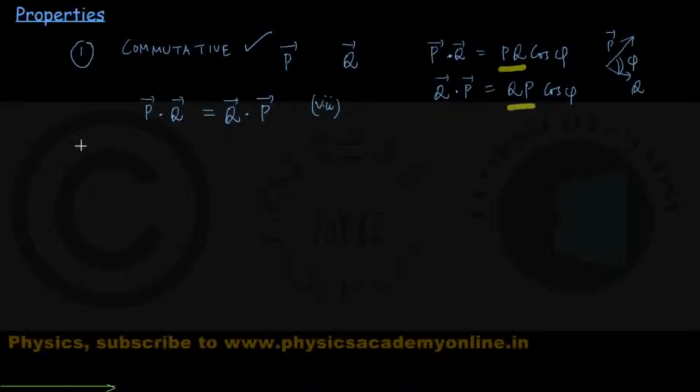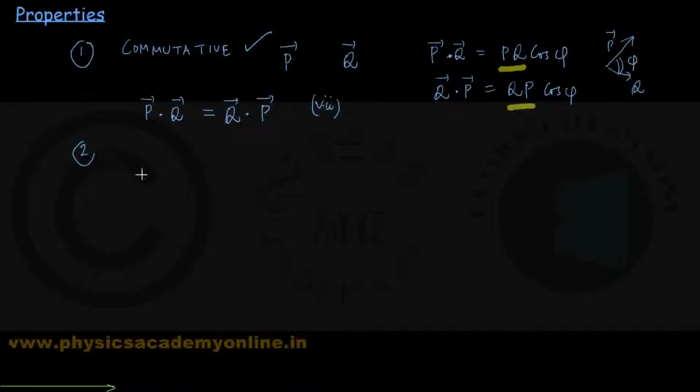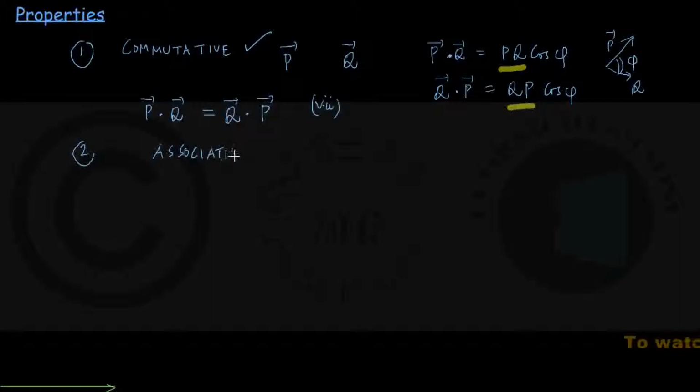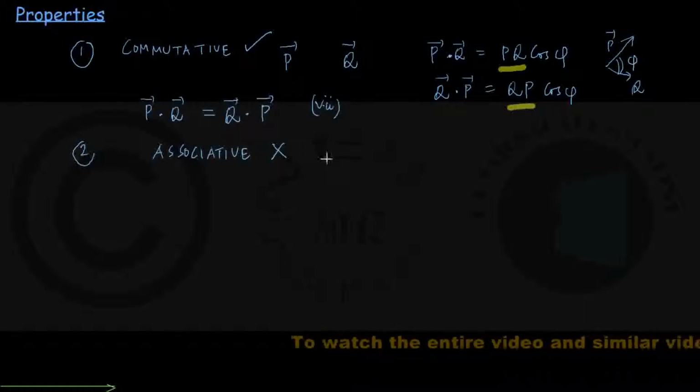Next, property number 2. Now this is that scalar product is not associative. Associative it is not. Let's see why. Let's write what it would be if associative it was.